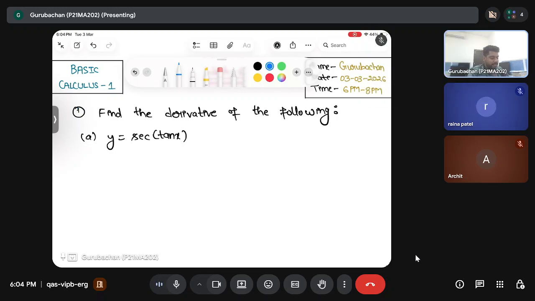So we have to find out the derivative of secant of 10x.